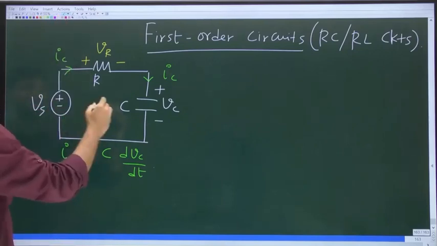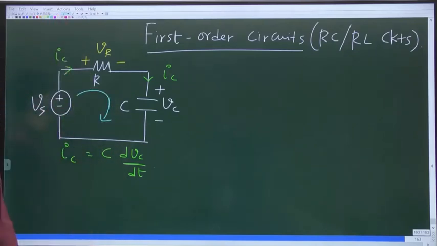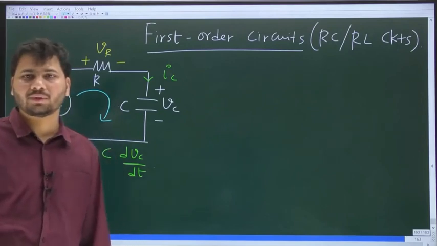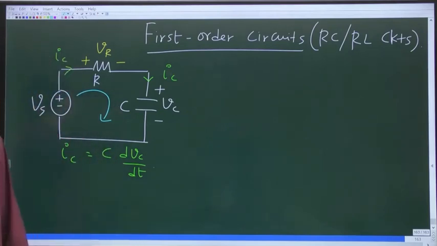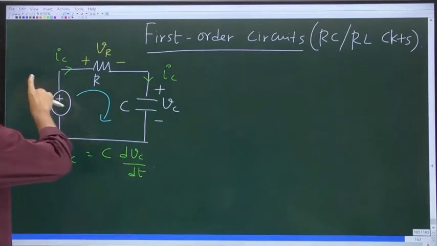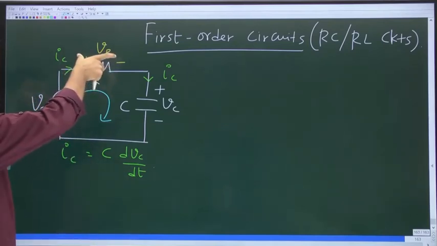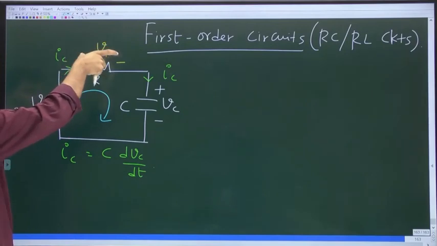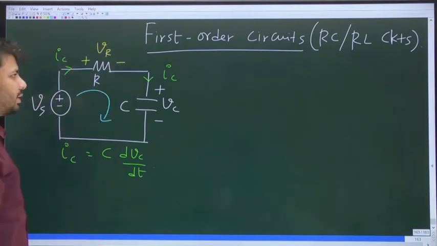Now around this loop, can't we write KVL? In a single loop circuit, the only thing we can do is to write KVL around the loop. So what do you get if you write KVL around the loop? The applied voltage Vs will be equal to the voltage across the resistor plus the voltage across the capacitor.